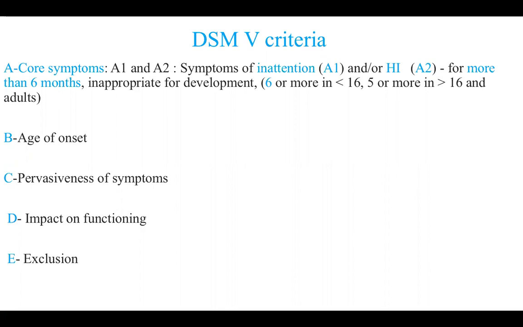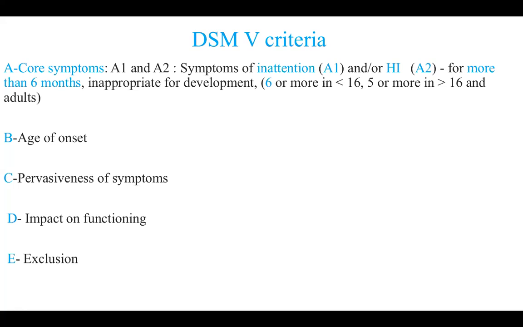If between A1 and A2 a total of 12 out of 18 criteria are present, then we say that the ADHD combined type is present. And in older children who are more than 16 years of age, it is not 6 out of 9, but 5 out of 9, which is the cutoff for diagnosis of ADHD. So this is the important part of the DSM.